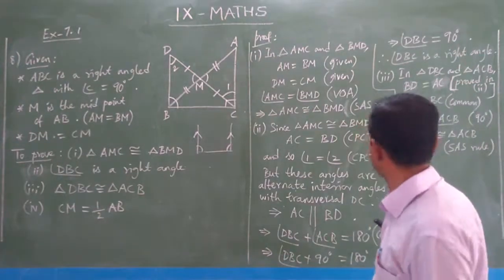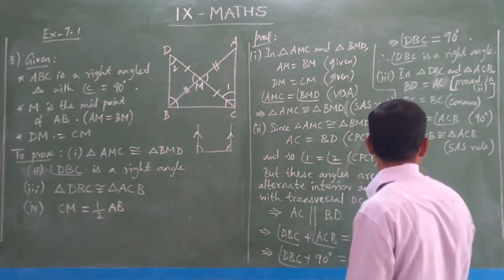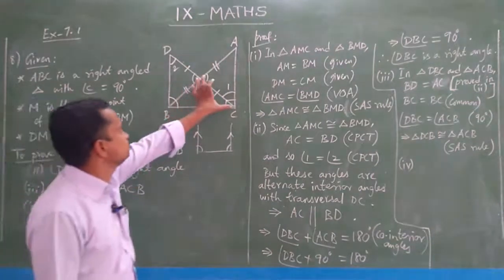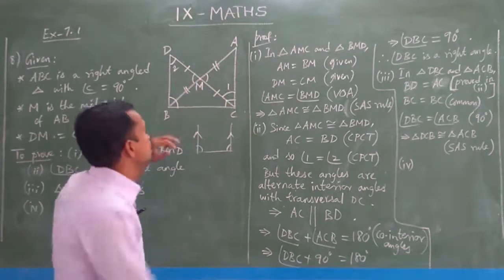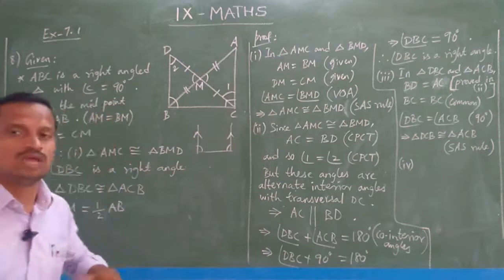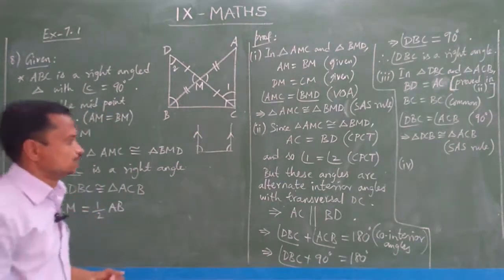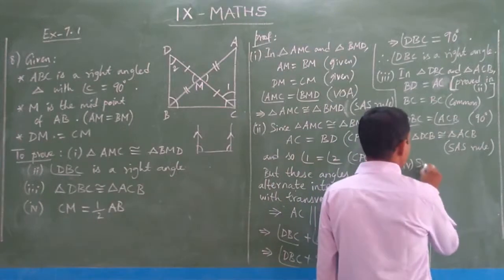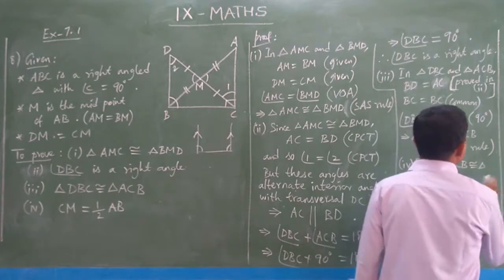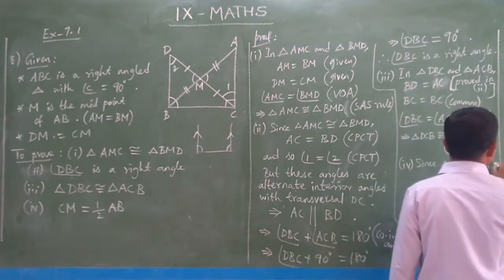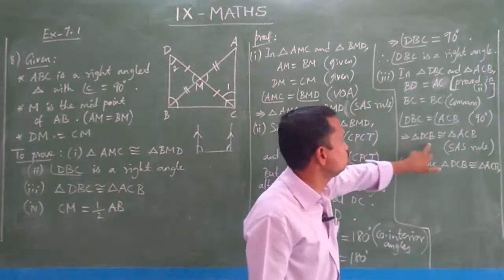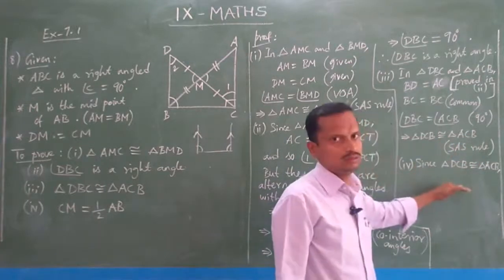And now coming to option 4. You see, CM is equal to half of AB. How to prove it? CM is here, AB is here. We can say CM is half of BC, but how to say CM is half of AB? For that, since triangle DCB is congruent to triangle ACB, which we proved in option 3, we take that in the fourth option.